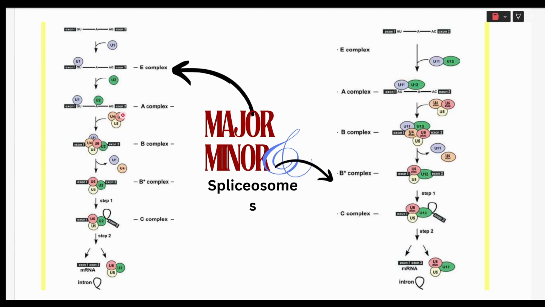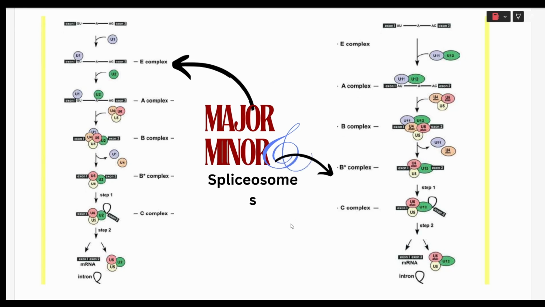Here we have U4 and U6. On this side, you have U4atac and U6atac. U5 is the common one between them. Most of the reaction goes almost in the same way, and almost everything else is the same. Just remember the differences, and that U5 is common between them.